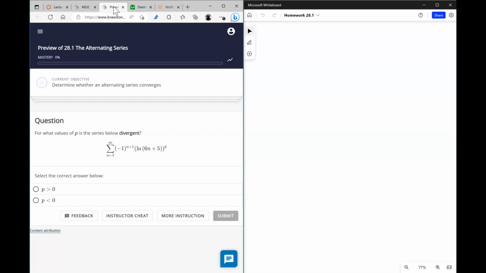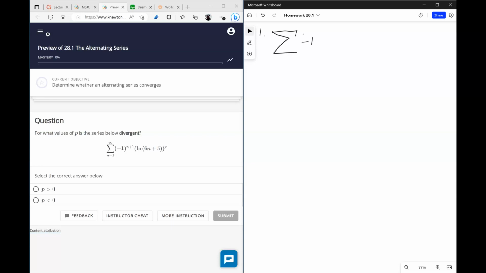The first question is asking for which values of p the series diverges. And we need to recall the alternating series test. The alternating series test says that if you have an alternating series where, without the alternating sign coefficient, the term is decreasing and converges to 0, then the series converges.